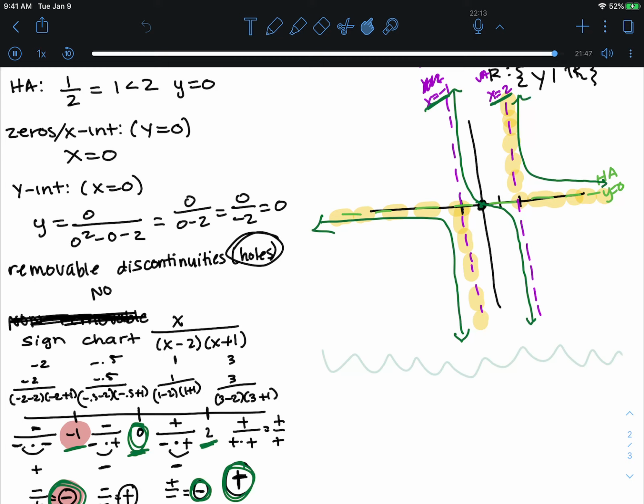So your function would look like that. And if you guys don't believe me, you can just go ahead and graph the function in your calculator, and you will see that this is what the function looks like. But the whole point of the sign chart is to help guide you in graphing these functions right here.